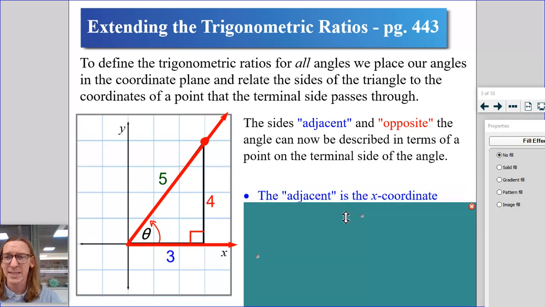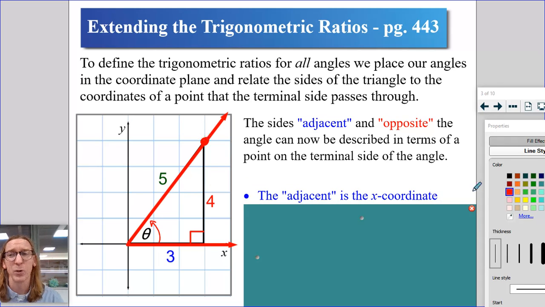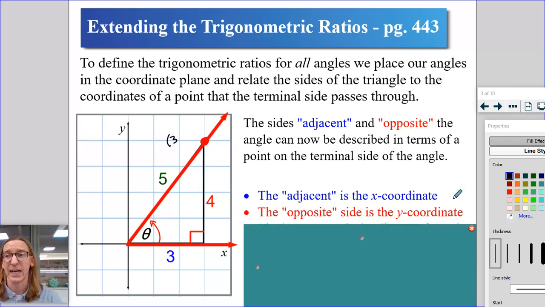The adjacent side matches up perfectly with the x-coordinate of this point. The x-coordinate of that point is 3 because this point travels 3 units to the right. The opposite side is the y-coordinate. The y-coordinate of this point would be 4 because vertically we move up 4 units.